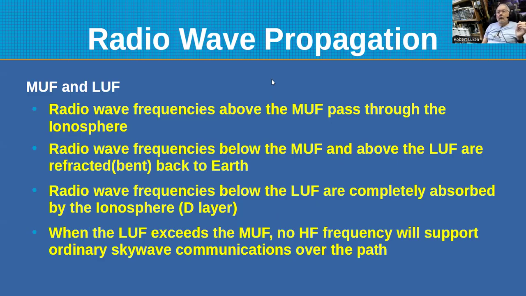So any frequency above the MUF is a frequency that's going to be bent, but not bent enough to make it back to Earth. The higher the frequency, the less bending, and it'll just go out into space.